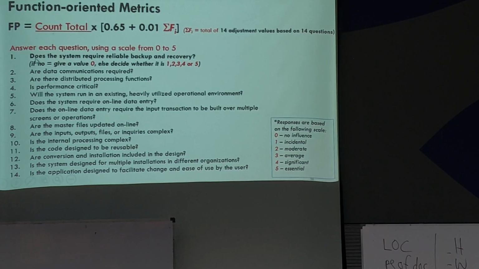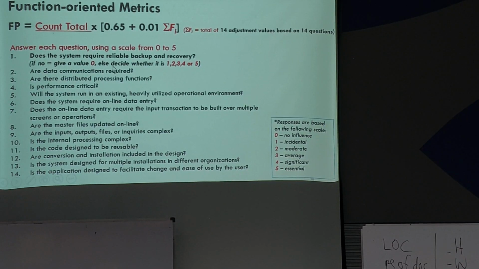For example, does the system require reliable backup or recovery? If the answer is no, then you give a value of 0. If the answer is yes, then you decide whether to give 1, 2, 3, 4 or 5. You answer each question with a value from 0 to 5.